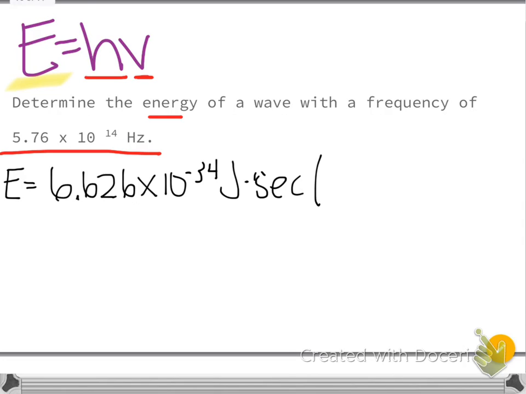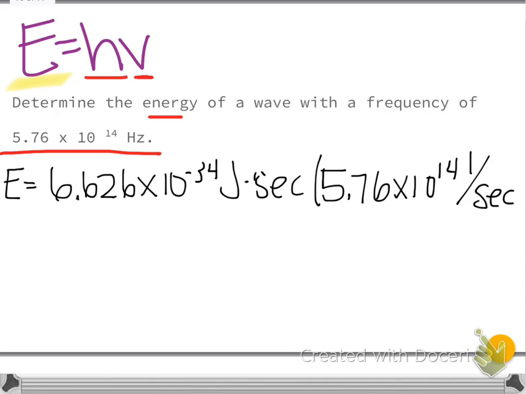And multiplying that by 5.76 times 10 to the 14th. I'm going to write this as 1 over seconds again. Because now look, seconds are going to cancel. And now we are going to be left with joules.